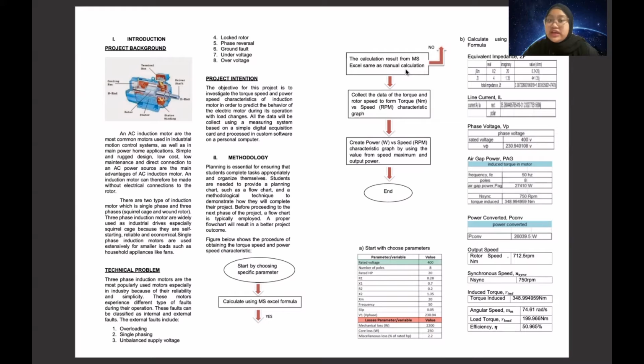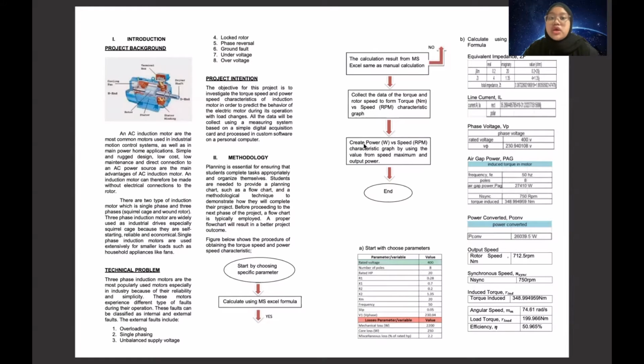Then collect the data for the torque and rotor speed to form the torque versus speed in RPM characteristic graph, as we already include all that in our report.